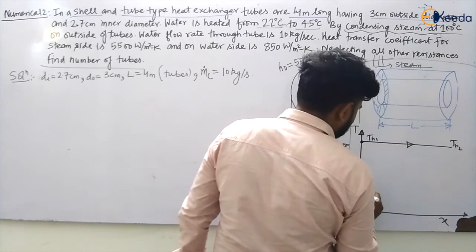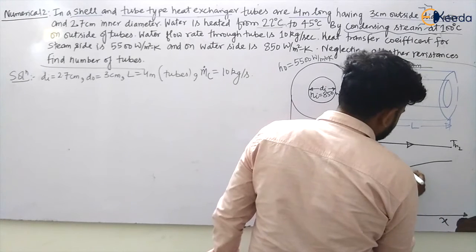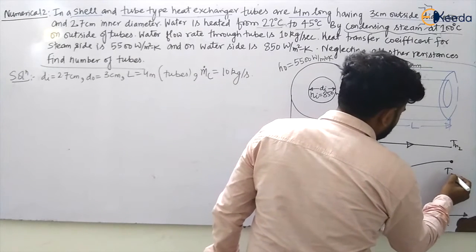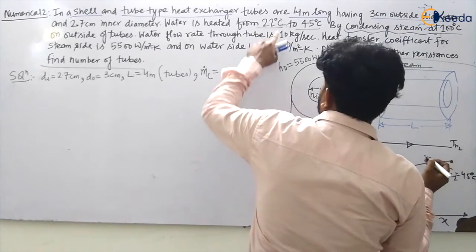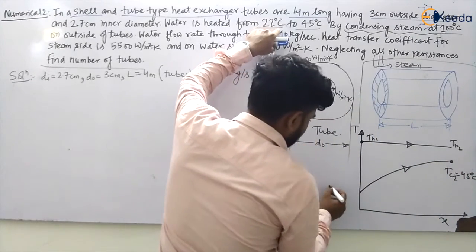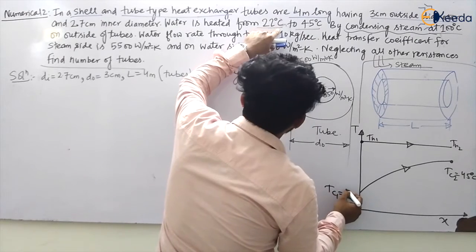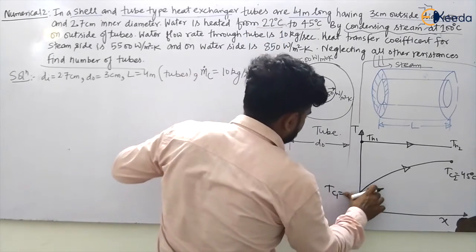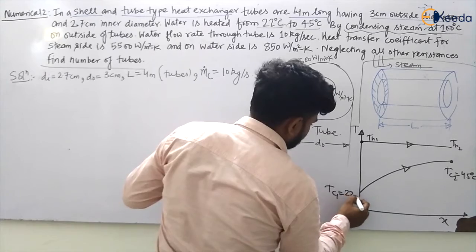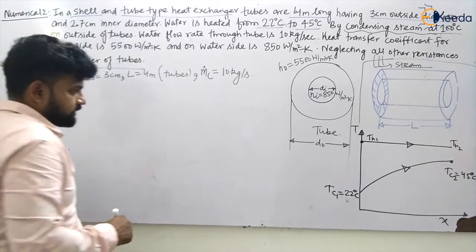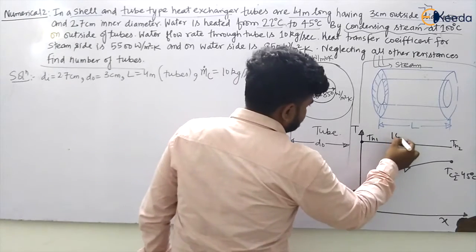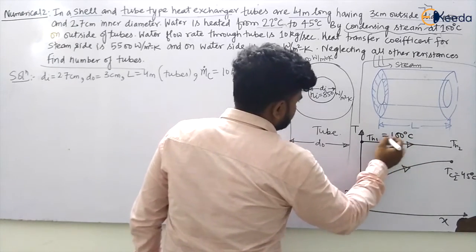And the cold water is undergoing a temperature change, TC2 is equal to 45 degrees Celsius, because it is going from 22 degrees Celsius to 45. TC1 is equal to 22 degrees Celsius, my dear students. Now, can I have 100 degrees Celsius, because phase change is occurring.